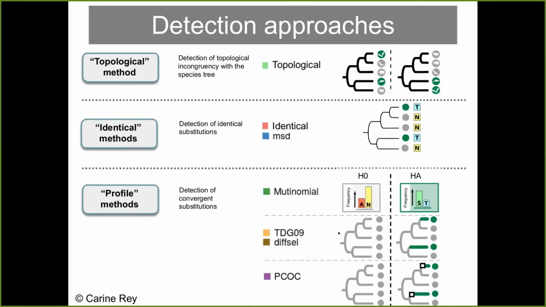And in which case we also do a likelihood ratio test between 2 hypotheses. Either we have one vector for all species, or we have 2 vectors of frequencies for the species with the convergent phenotype and for the species with the non-convergent phenotype.